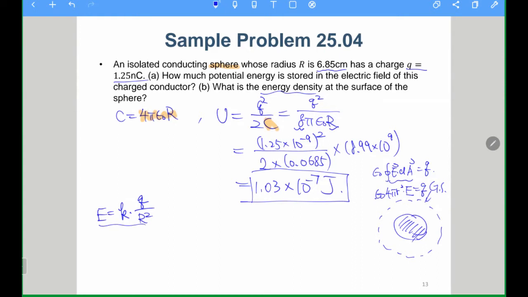And U equals 1/2 epsilon naught E squared. So maybe we can just write it as 1/4 pi epsilon naught, and then times Q over R squared. So we have E squared. So this whole term squared, we have a Q squared on the top.